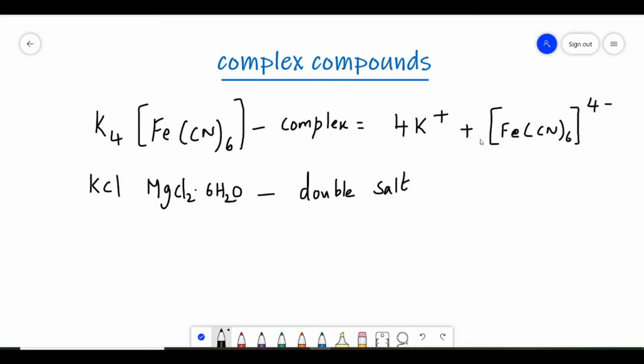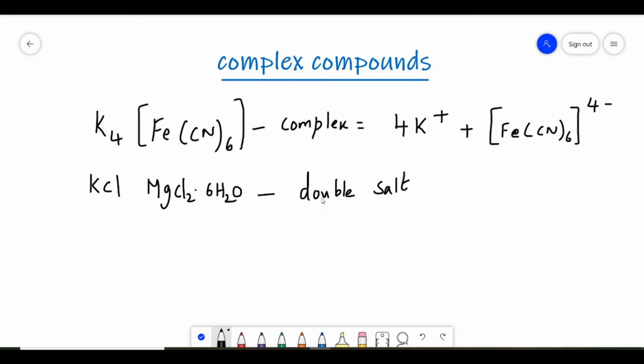So we get 4K+ ions and this complex [Fe(CN)6]4-. So even on dissolving in solvent, the complex does not lose its identity.